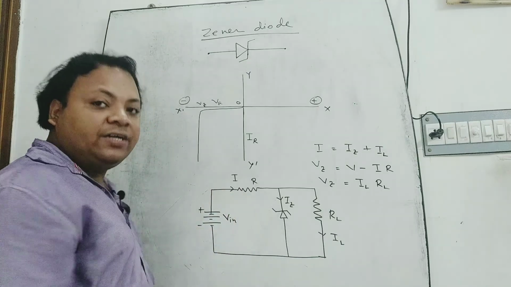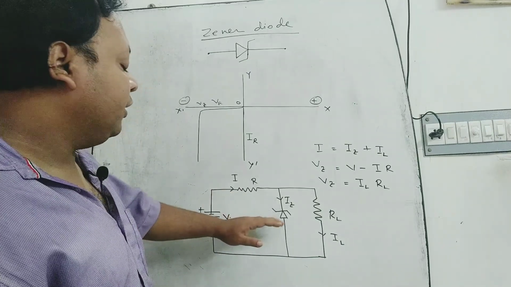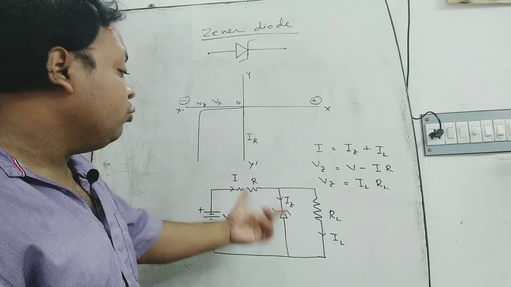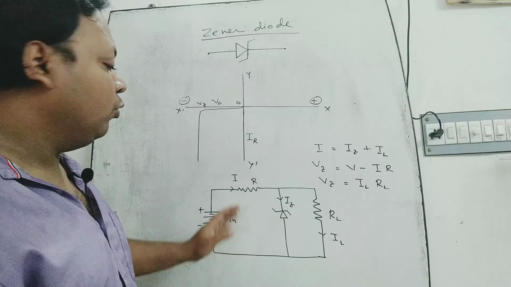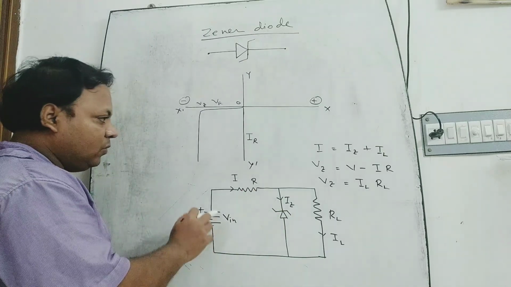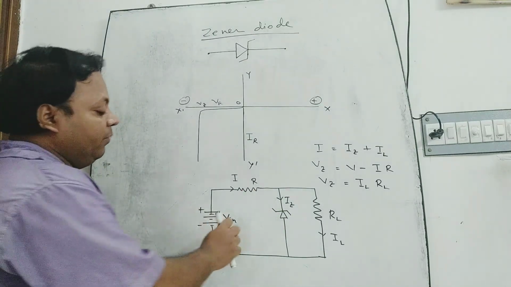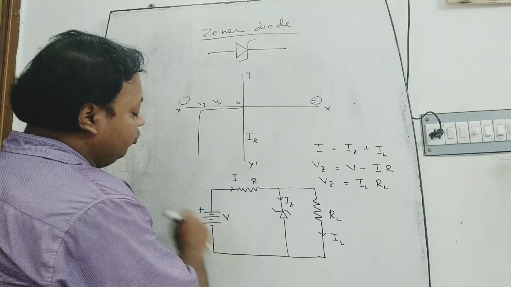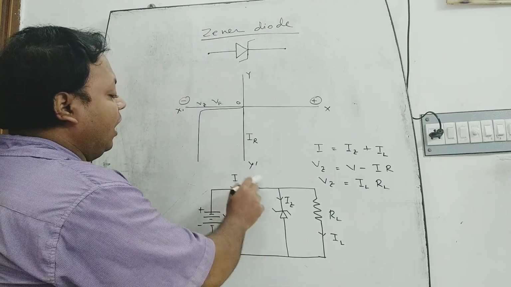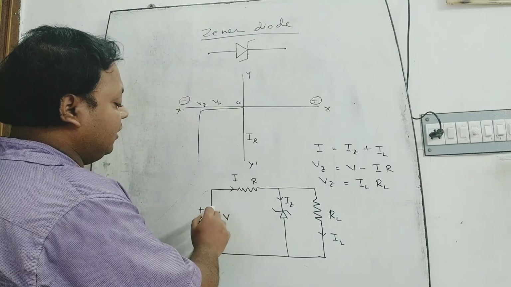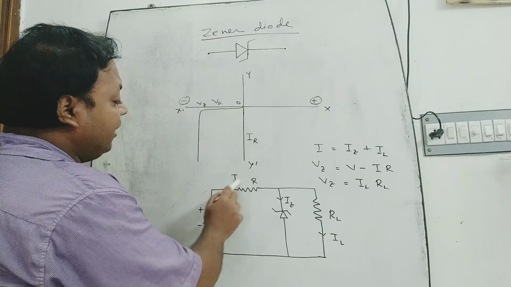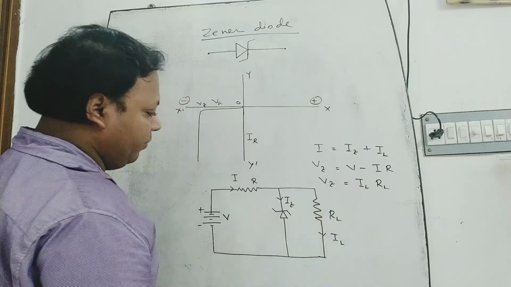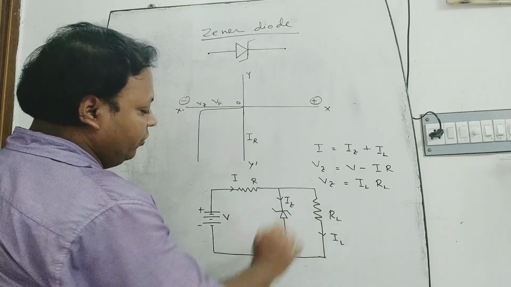This is the circuit diagram that shows how we use a Zener diode as a voltage regulator. This is the input voltage V of the electric cell. R is a resistance, and the main current I passes through R. This is the load resistance RL, and current IL passes through the load resistor.